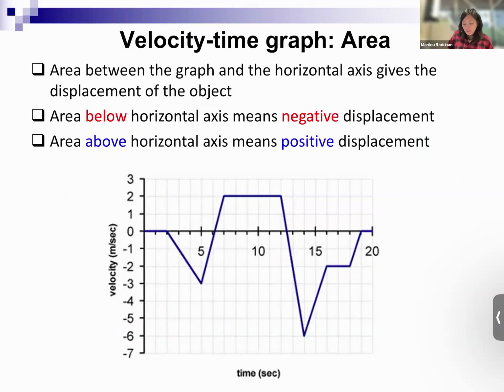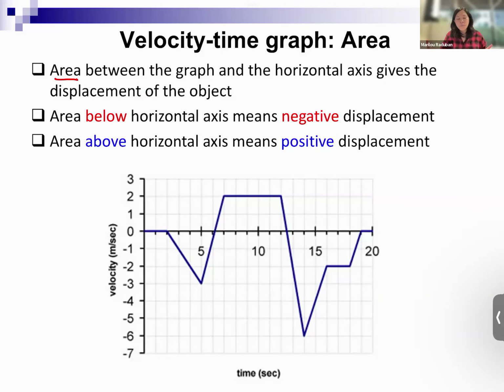Given a motion graph, we can also determine some kinematic variable or physical quantity that describes an object's motion by calculating the area between the graph and the horizontal axis.